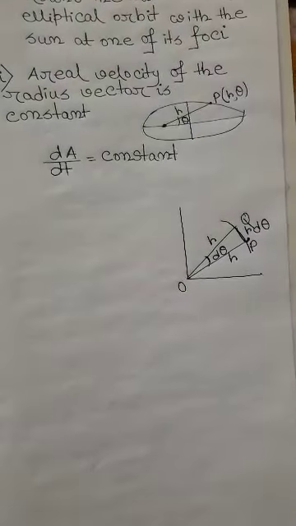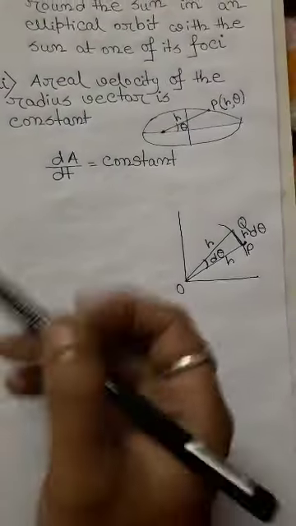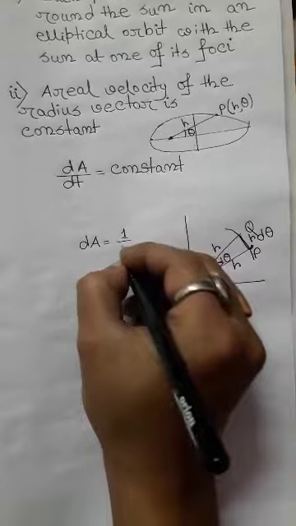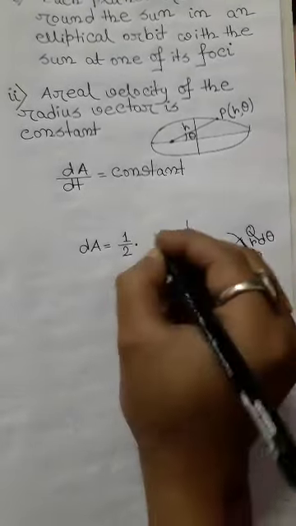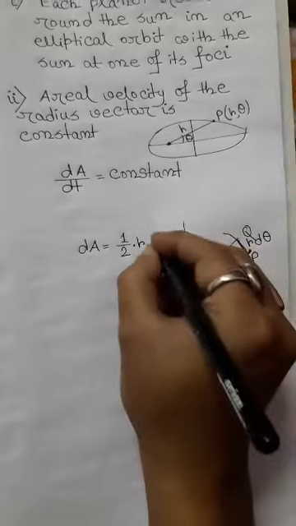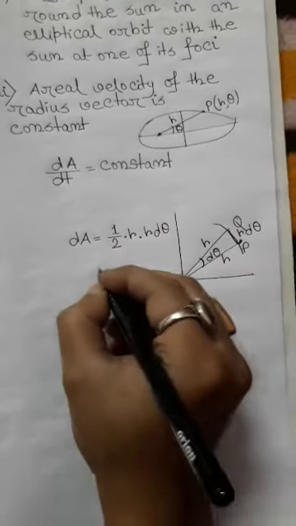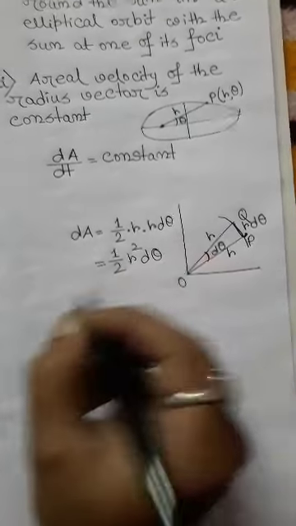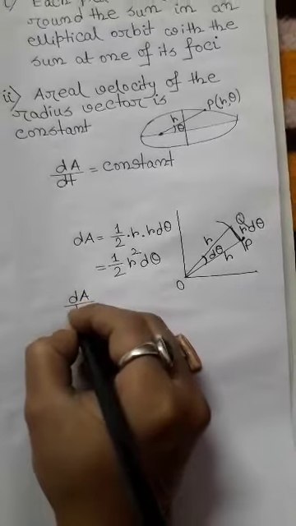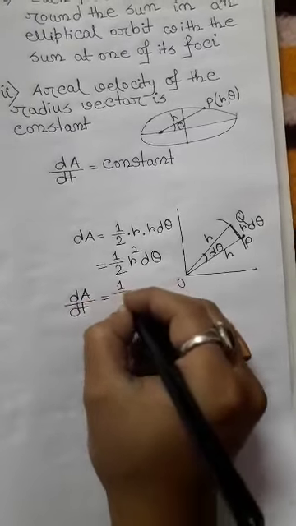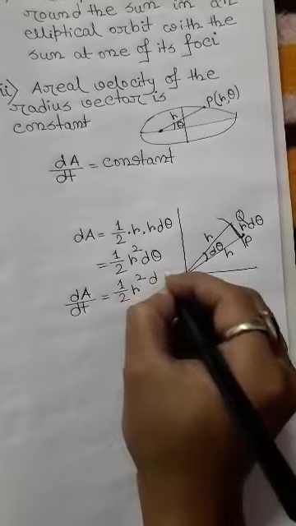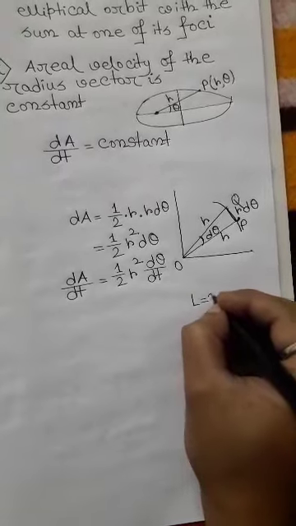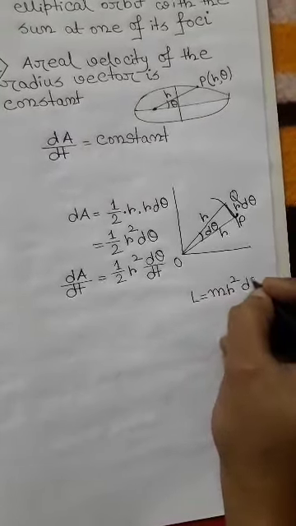Now what will be the area swept out by the planet in time dt? If the area is dA, then we can write it as half into the base r into the height r d theta, so dA is half r square d theta. Now dA by dt will be half r square d theta by dt. We know that angular momentum can be written as m r square d theta by dt.